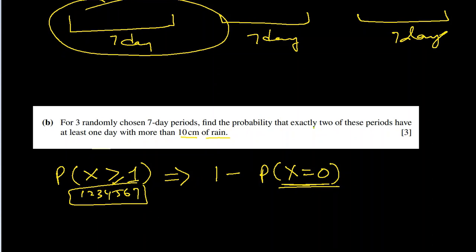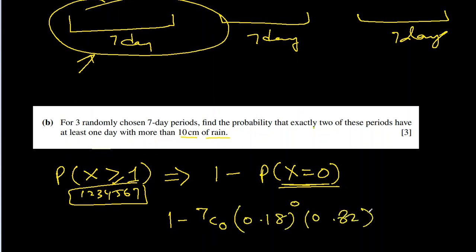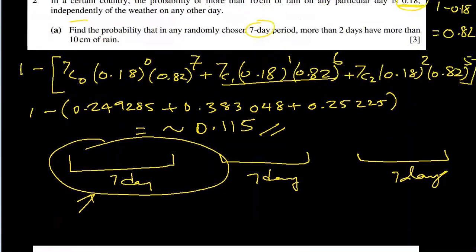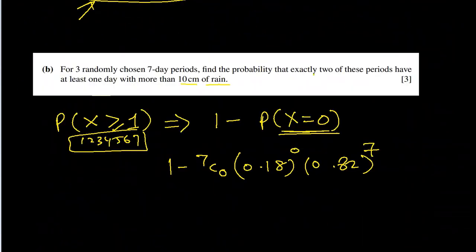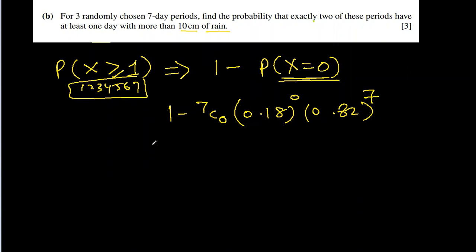So I will find probability for each one that at least one day it rains more than 10 centimeters. So 1 minus 7C0, 0.18 to the power 0 and 0.82 to the power 7, and we already got it in previous part, which was 0.249285. Okay, which is 1 minus 0.249285.